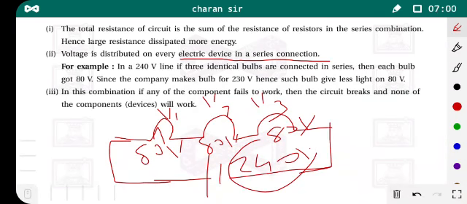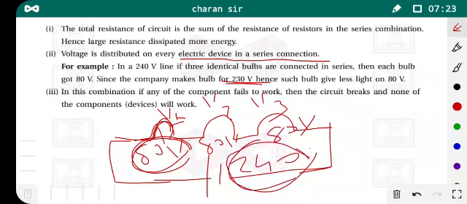But actually the company made this electric bulb to operate at 230 volts. So when we apply less voltage, this bulb gives less light. The requirement of this bulb is 230 volts, but when we apply 240 volt across the series combination of these three bulbs, the voltage divides among the individual bulbs, so each bulb gets a lower voltage, but the bulb is meant to operate at 230 volt, so this bulb gives less light.